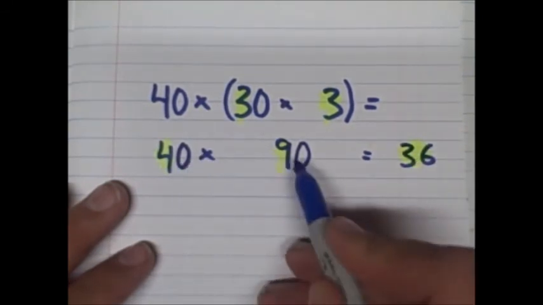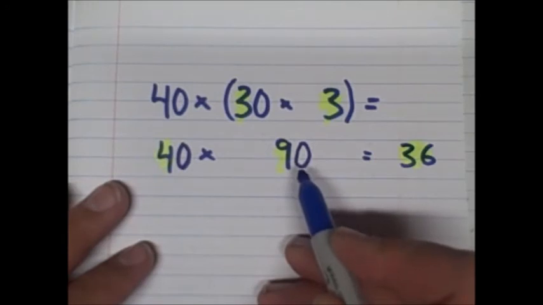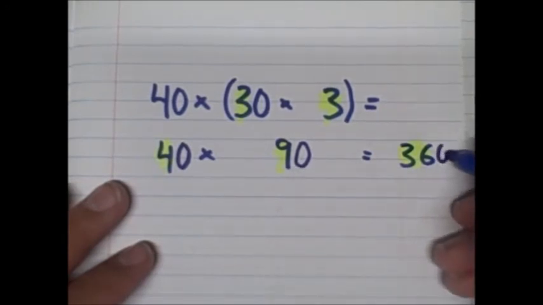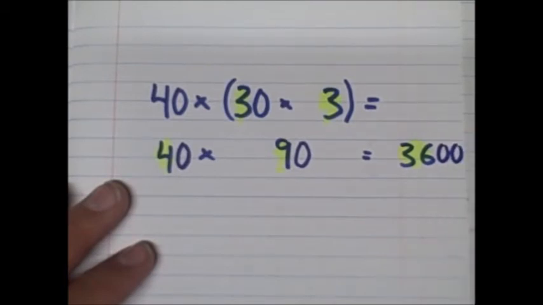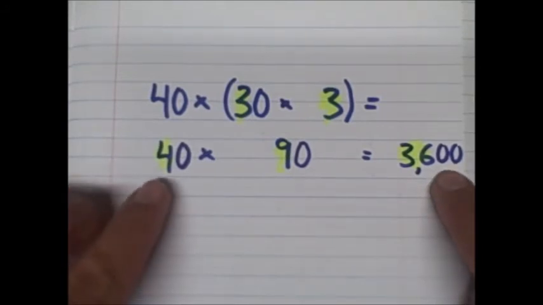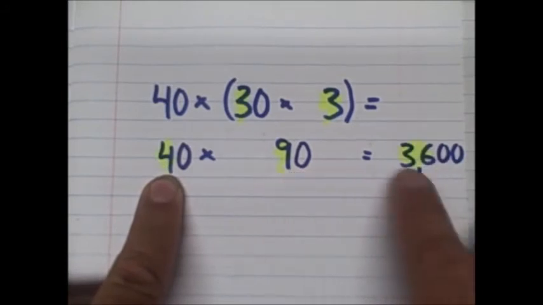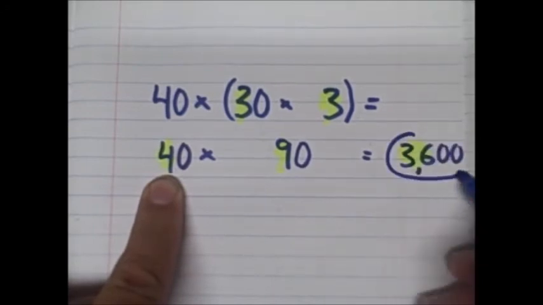But I have 2 zeros that are to be accounted for, which means in my product, I will need 2 zeros as well. So my new product is 3,600, which is the product of 4 tens multiplied by 9 tens, giving me 33,600. Always circle your answer.